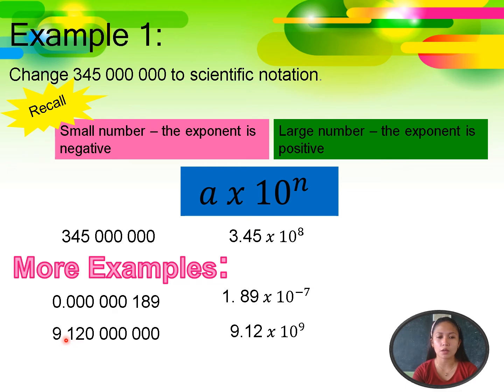So we'll stop here because if we have 9.12, it satisfies the condition that our first factor should not be equal to or more than 10. It should be greater than or equal to 1, but less than 10.